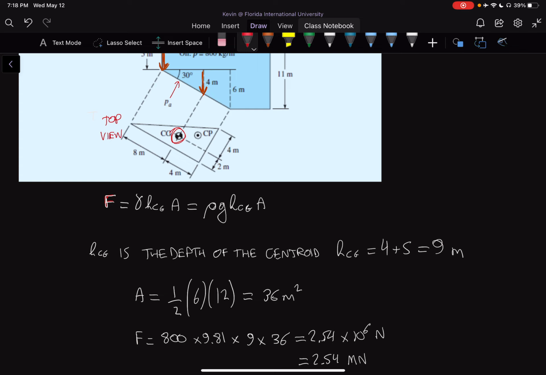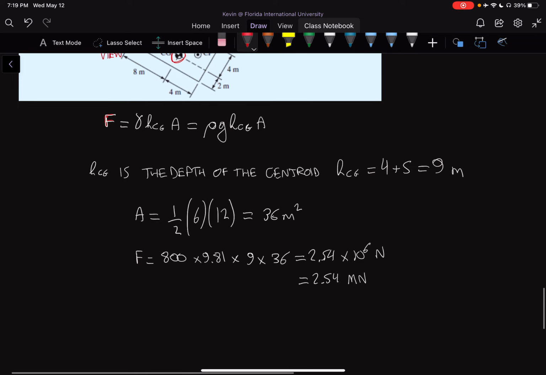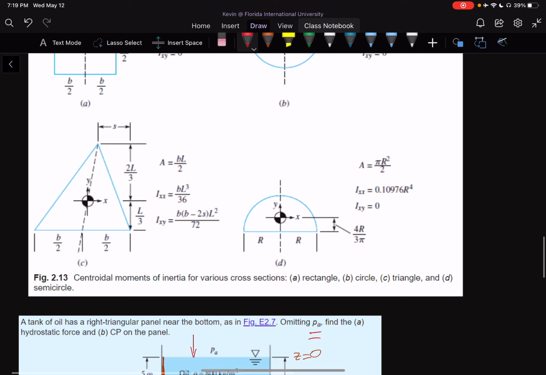I'll give you a second just to think about it. But essentially, what we do is we create X and Y in the direction of the triangle. And we're just going to plug in values into IXX and IXY from the above equations.